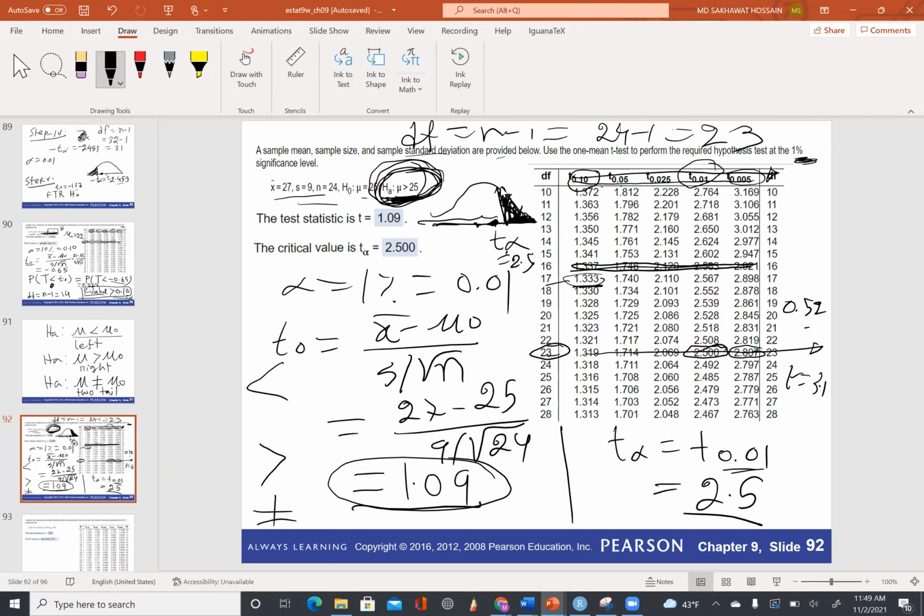Without knowing the exact p-value, you can just see whether the p-value is less than this value, between these values, or greater than this value. You can determine this from the partial t-table, but you can also get the exact p-value from the complete t-table, or you can just use the calculator to find the exact p-value.